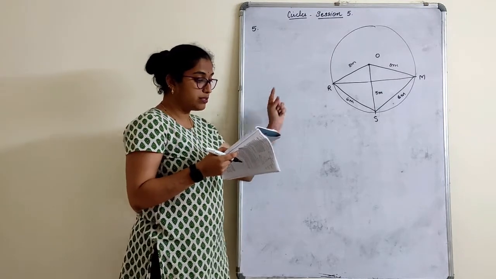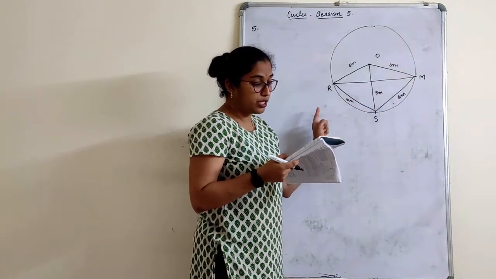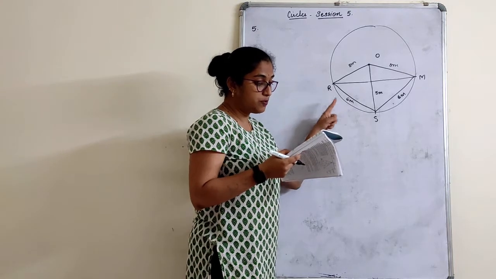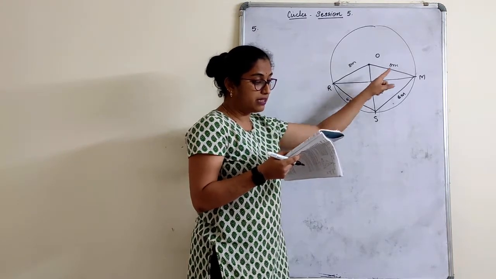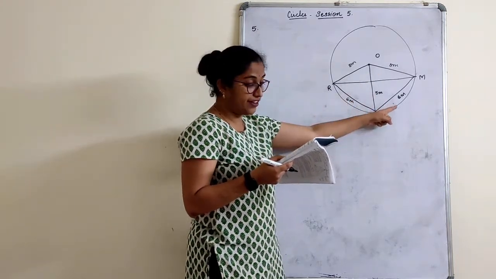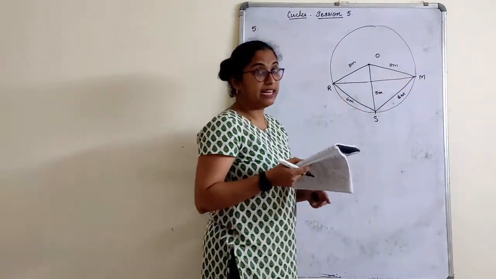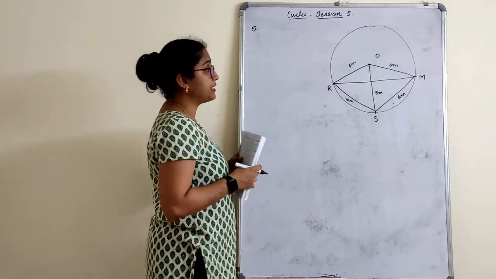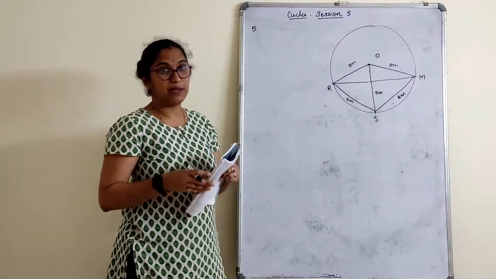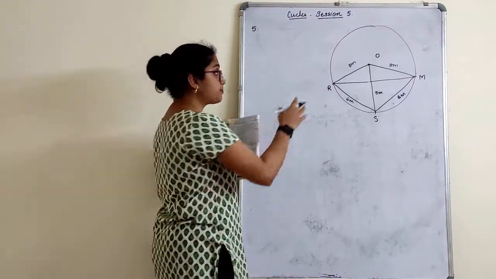Reshma throws a ball to Salma, Salma to Mandeep and Mandeep to Reshma. If the distance between Reshma and Salma and between Salma and Mandeep is 6 meter each, that we have written here, what is the distance between Reshma to Mandeep? That is nothing but the chord we have to find. But it is not as simple as we think in the given figure.